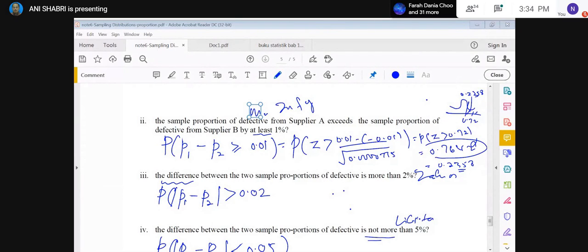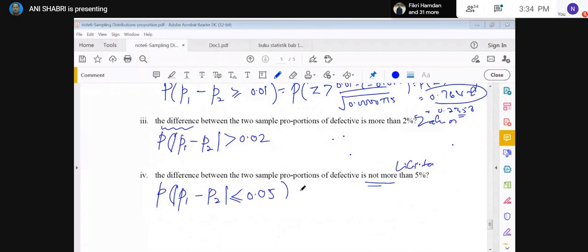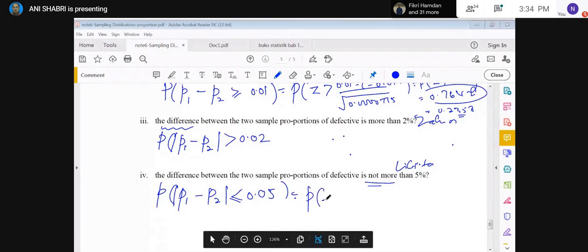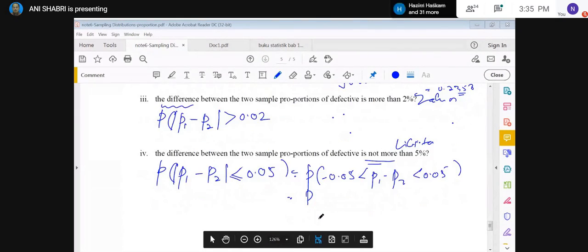Okey, Lilita. Okey, Lilita number 4. It is equal P 0.05, P1 minus P2 0.05. It is equal P negative 1.43.